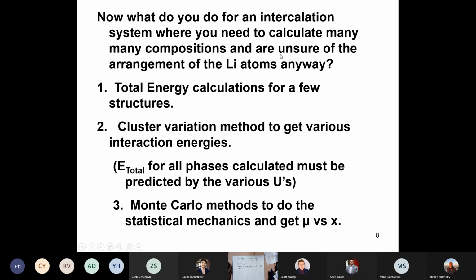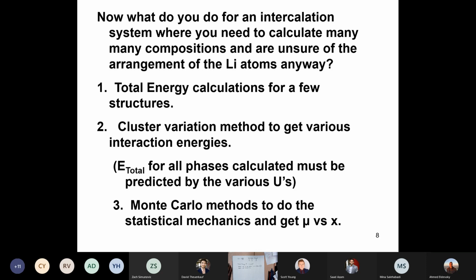Okay, so what do you do when you have a more complicated system to work on? What you do is total energy calculations for a few structures. Let's take lithium cobalt oxide as an example.